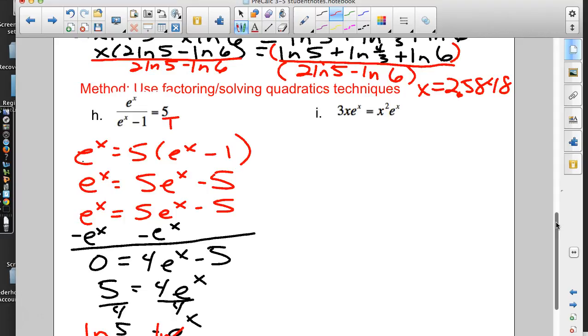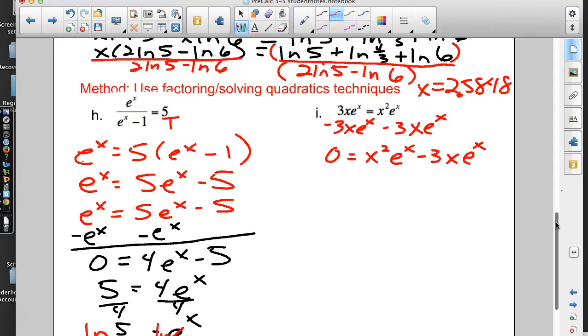So let's see, if I move this over by subtracting, I'll have this. Oh, you'll lose your zeros. Remember, the number of zeros we have is determined by the degree. So we can't divide it out, or we're going to lose our zeros.